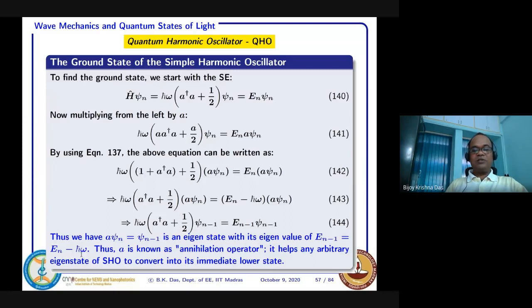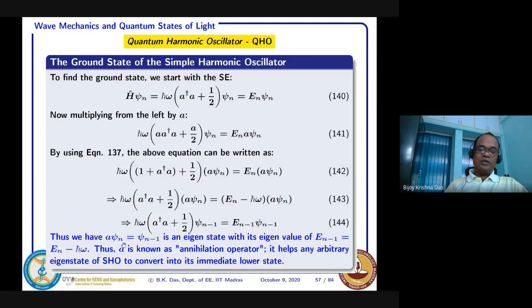So if you write it like this, A psi n gives you psi n minus 1. That is one step lower, that means a lower eigenstate. Normally your harmonic oscillator gives you different solutions, the actual eigenstates.